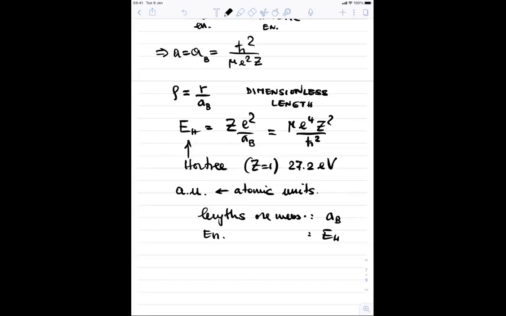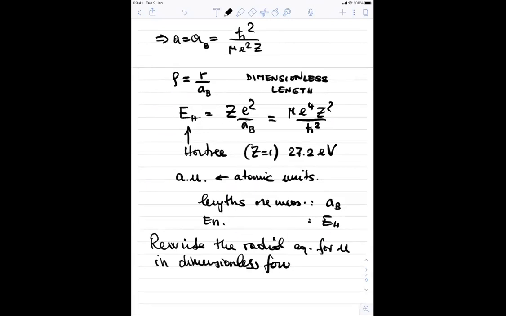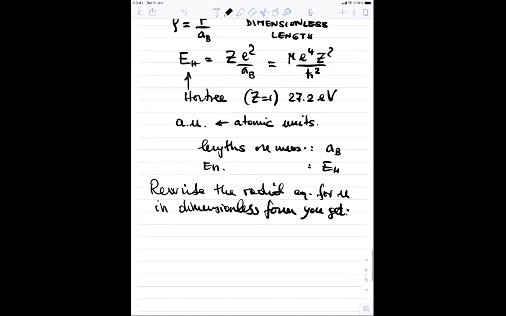If you rewrite the radial equation for U in dimensionless form, the algebra is very simple, alluded to in the notes.